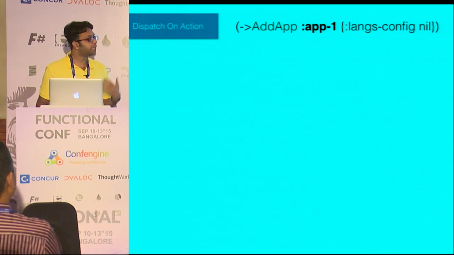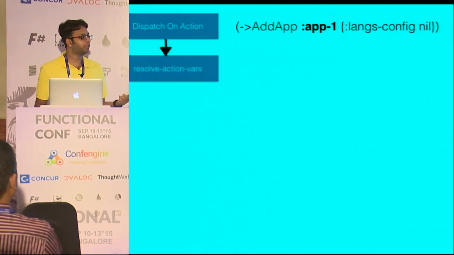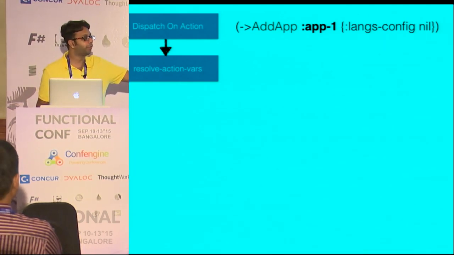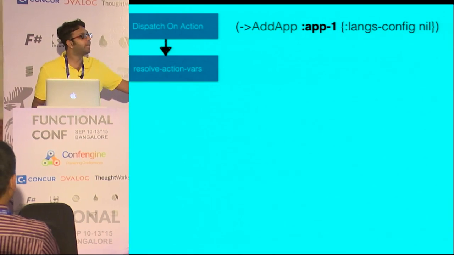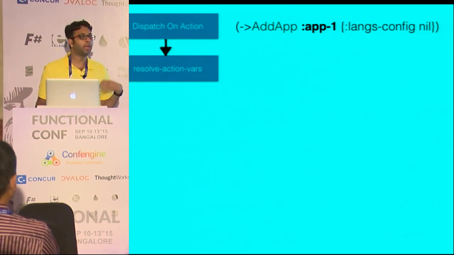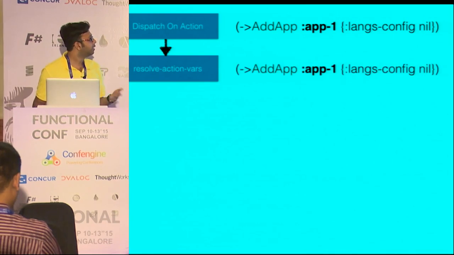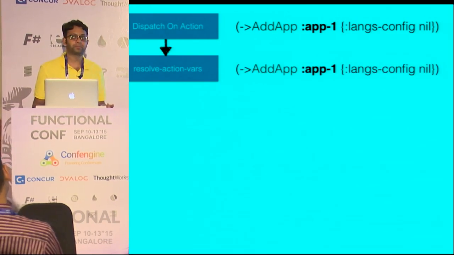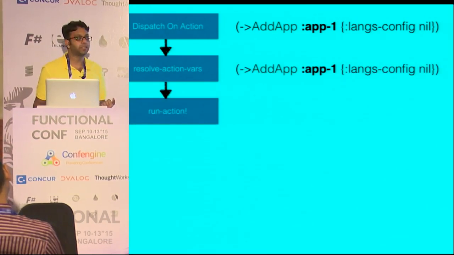I will dispatch on the actual implementation of this and call resolve action vars. Here there is no variable that I need to refer to, because I will be creating an app1, but there is no previous variable that I'm using. So it just returns as it is. Then I want to run the action.